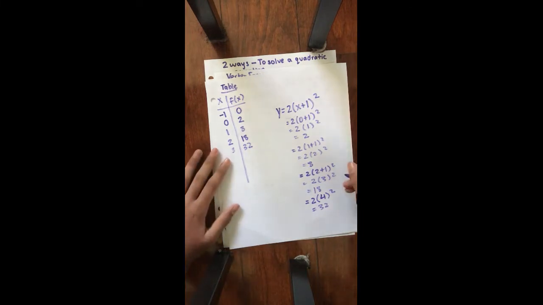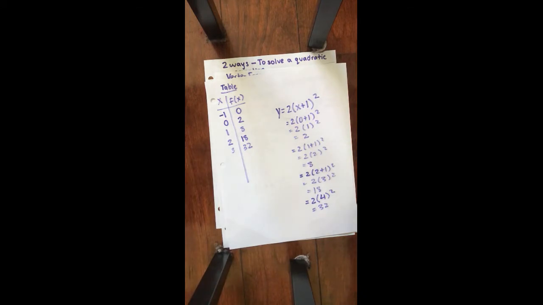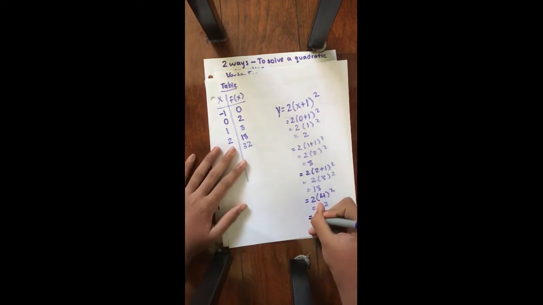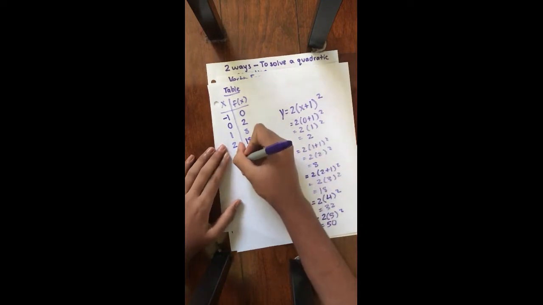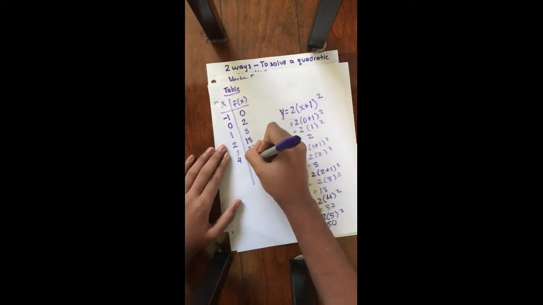Alright, so I think we need to find 2 more values. So for 4, 2 times 5 squared is equal to, so 5 squared is 25. 25 times 2 is 50. So for 4, the value is 50.